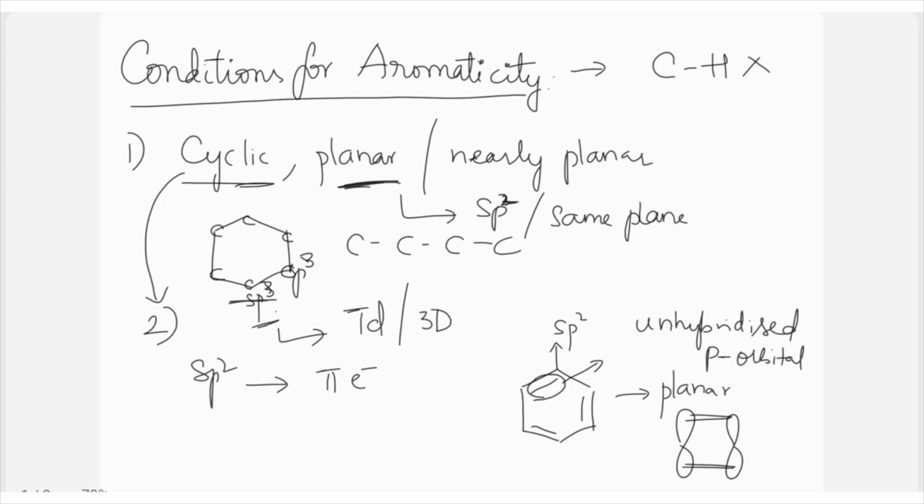That is the unhybridized p orbital. Now in this ring, each atom is sp2 and it has an unhybridized p orbital, which allows for the delocalization of pi electrons. What do you mean by delocalization? They keep on moving from one atom to the other this way. This is known as delocalization.